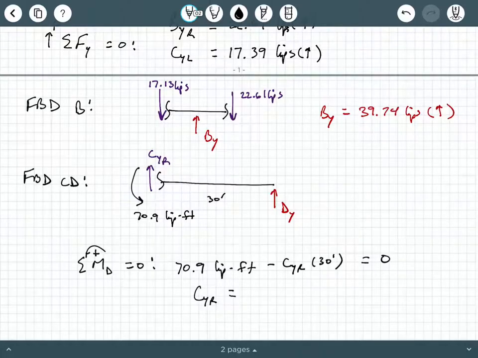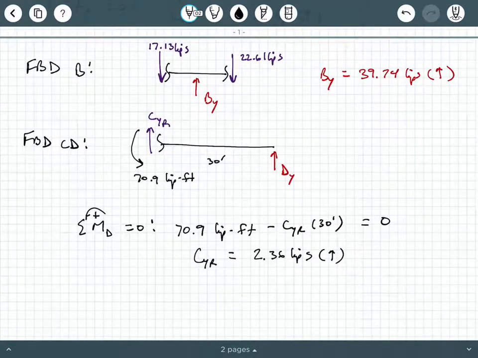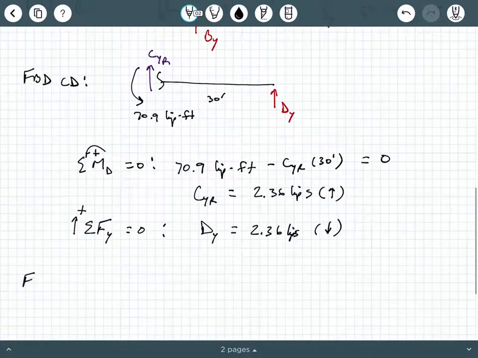And yep, we get CY right equals 70.9 divided by 30, a positive 2.36 kips. So it is going up here. And then when we sum forces in the y direction, we should get DY is 2.36 kips going down.